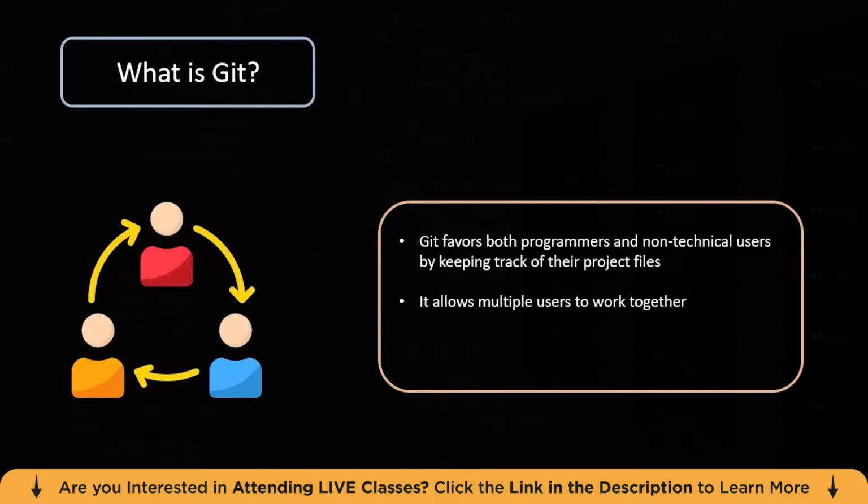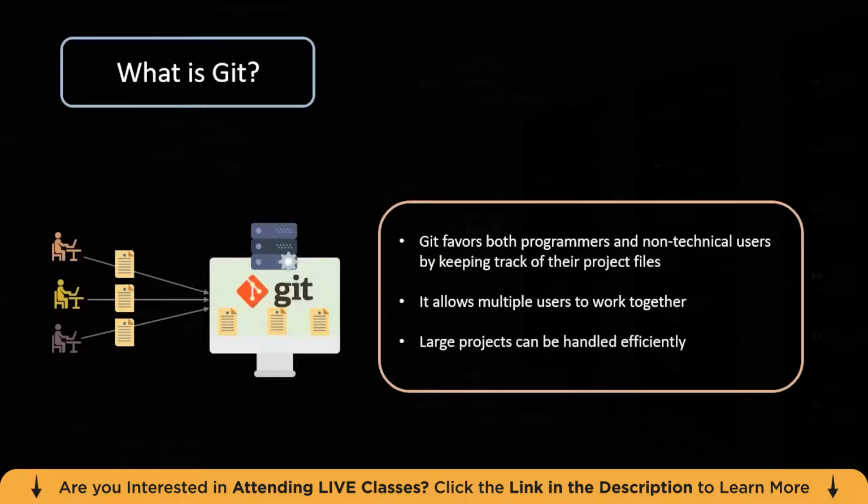In fact, it allows multiple users to work together, so different programmers can collaborate with each other with the help of this tool. And it can also handle large projects.